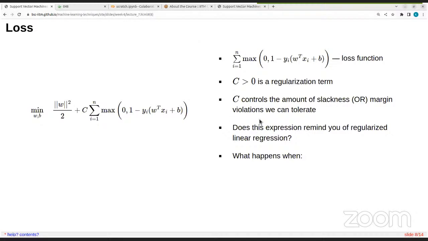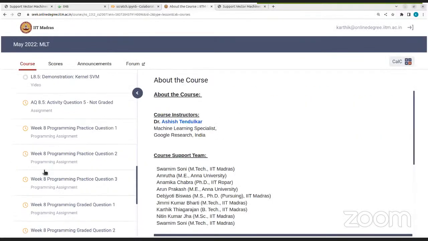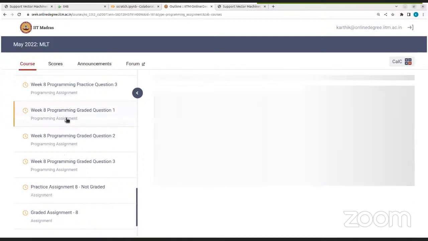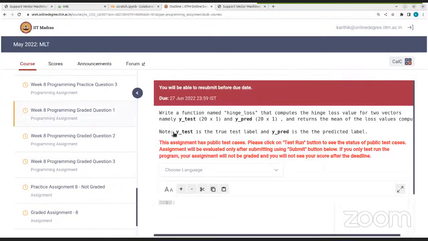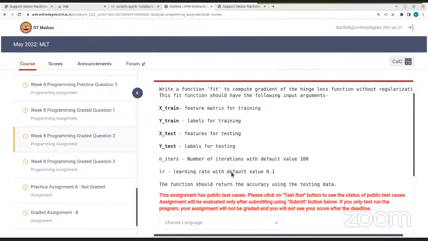Right. So anything else that we need to discuss for SVMs, or are we done with SVMs? So implementation of kernel, we don't need to give much importance right now. If you look at the questions, there is one graded question on Hinge Loss, and there is one on fit Hinge Loss again.